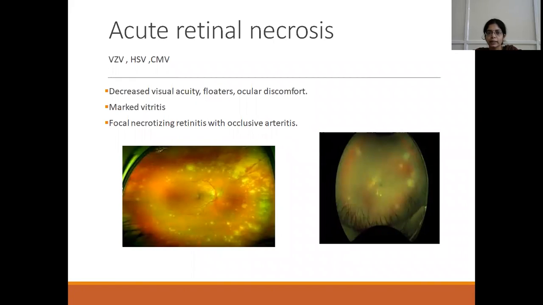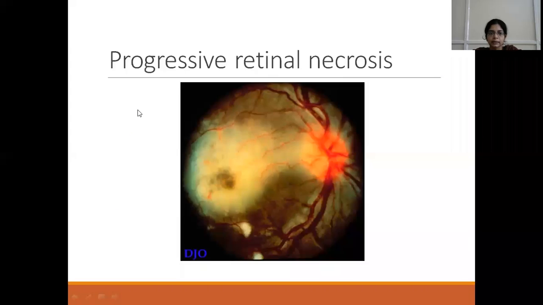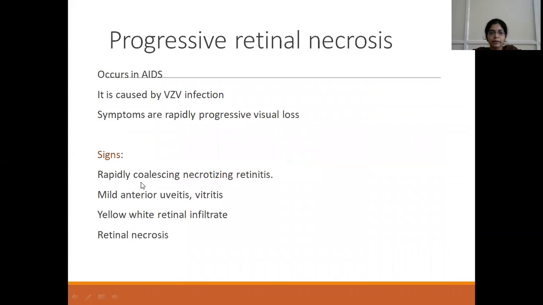This is acute retinal necrosis. The main difference is that in acute retinal necrosis, the vitritis is very much marked. In progressive outer retinal necrosis, the vitritis is very mild.